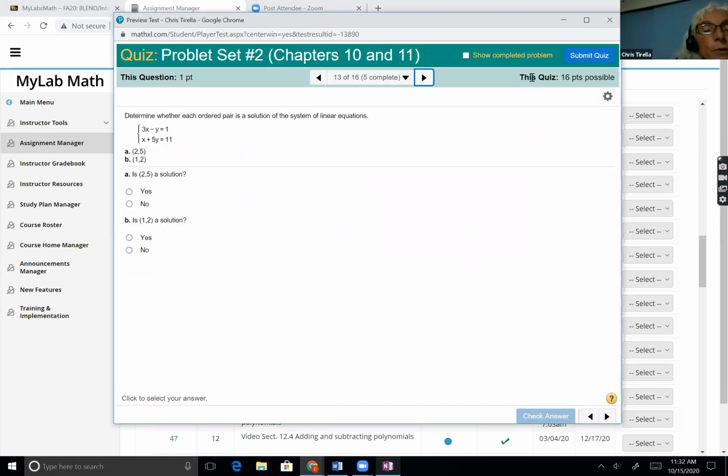Determine whether we have a solution to a system. Can anybody help me remember how to do this one? When we check, we're always going to substitute.